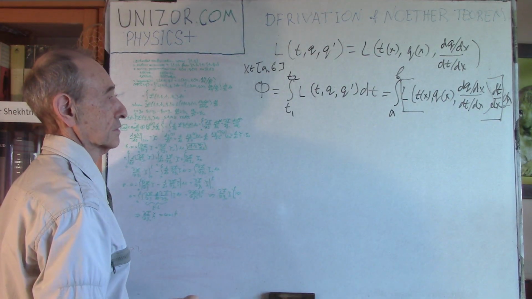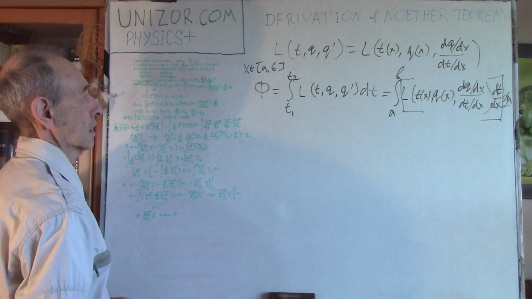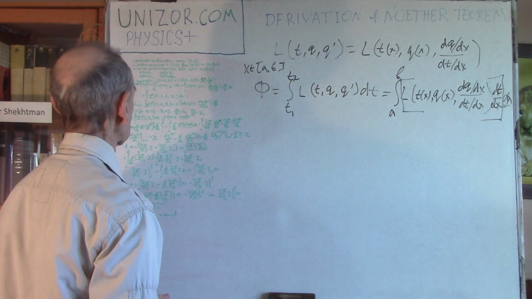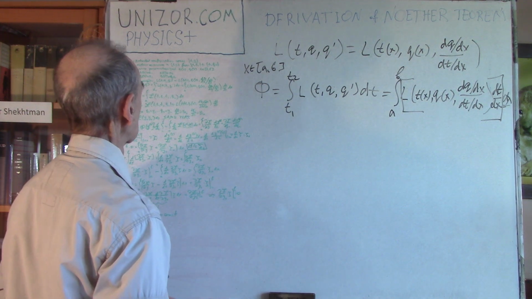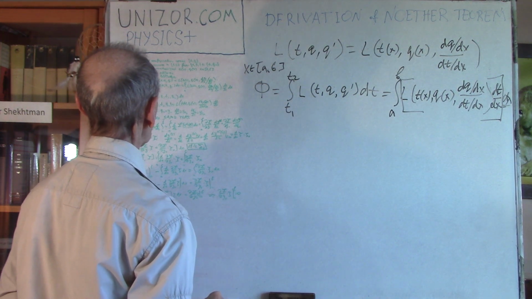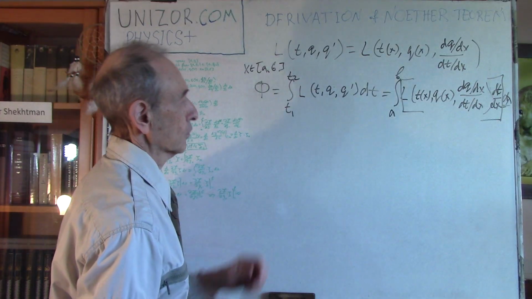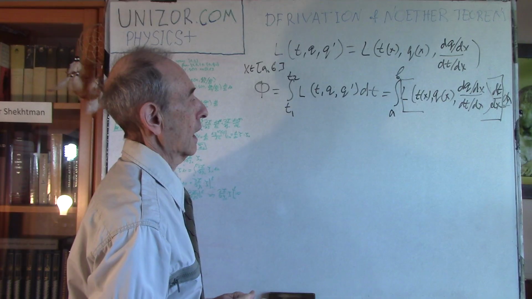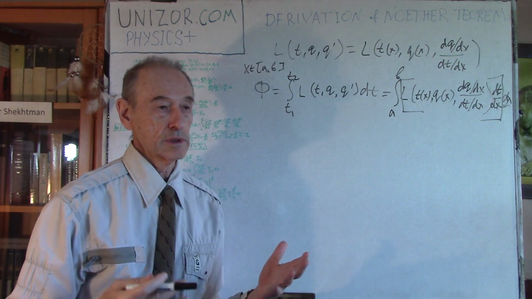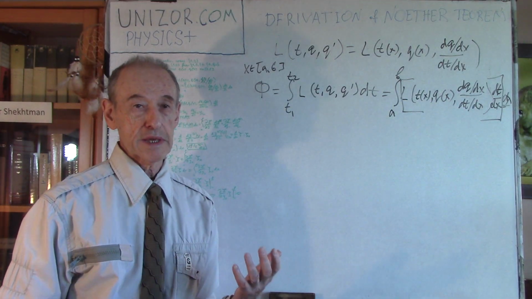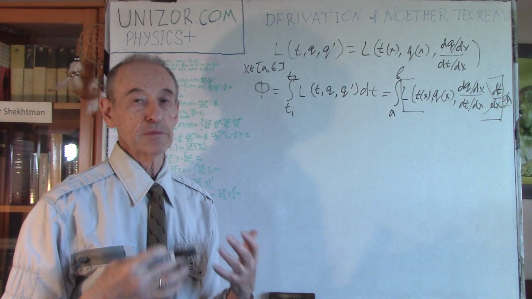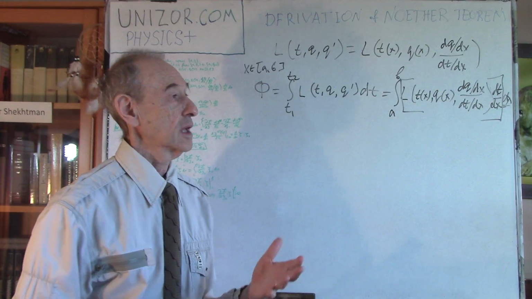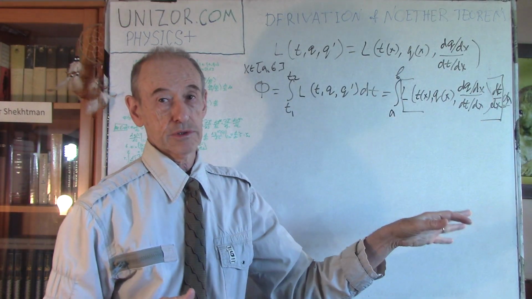We have the Lagrangian, we have the action functional, and at this particular point, what is important is I would like to treat my time and space parameters on the same level, symmetrically, because right now they don't look symmetrical.